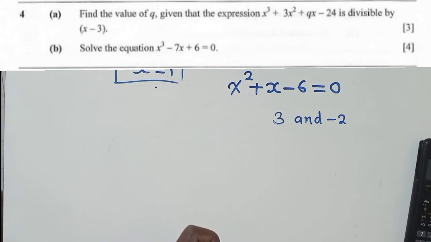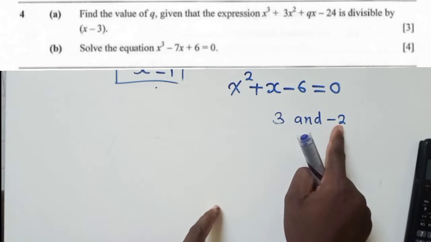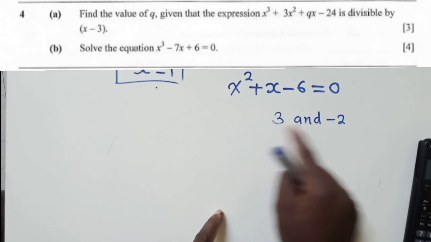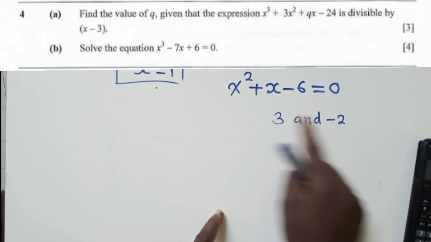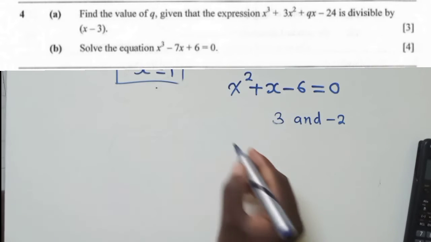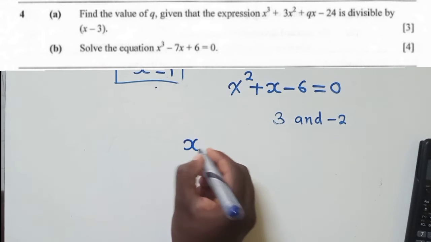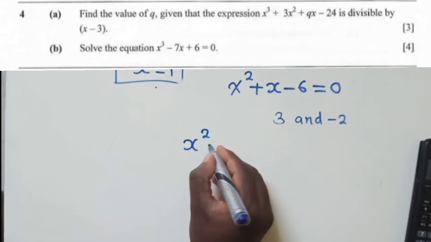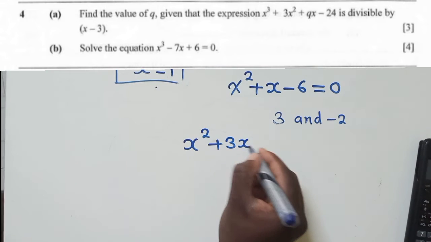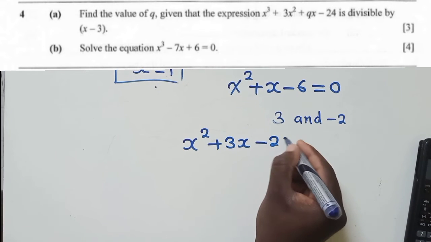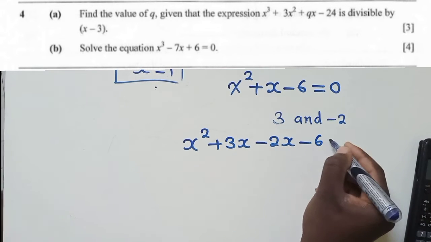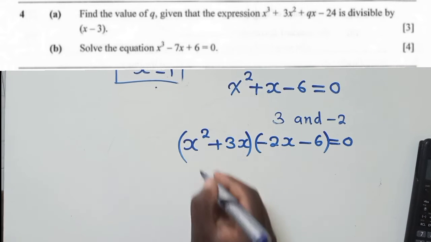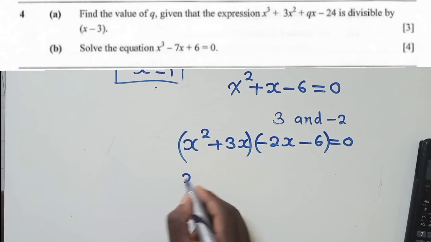Because 3 times negative 2 is negative 6. 3 plus negative 2 is a 1. So now we put them here. Put them here. So this is how you solve the quadratic equation, by factorization.